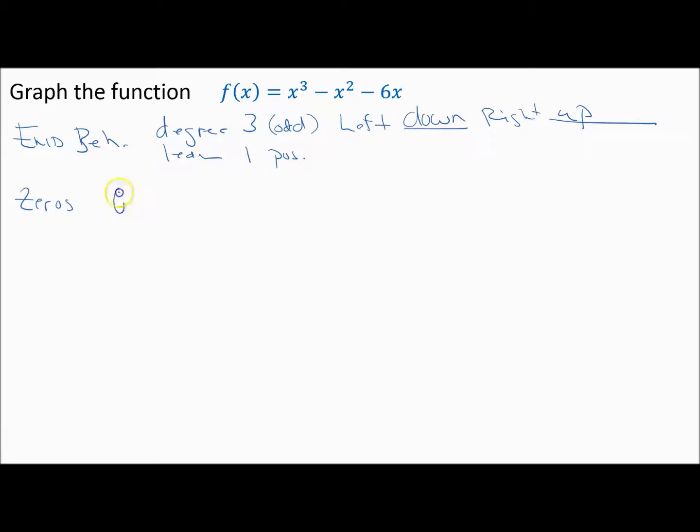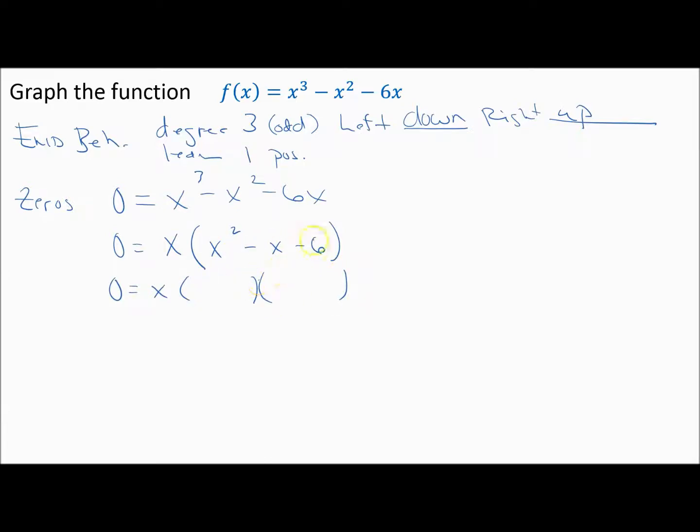Okay, so set the whole function equal to 0. Now when you factor, the very first thing you should do is look for a greatest common factor, and this problem has that. So I'll pull out the x. That leaves me with x squared minus x minus 6. And now I factor x squared minus x minus 6. That's a basic trinomial.